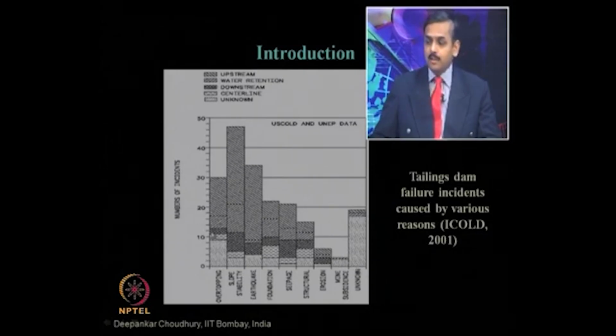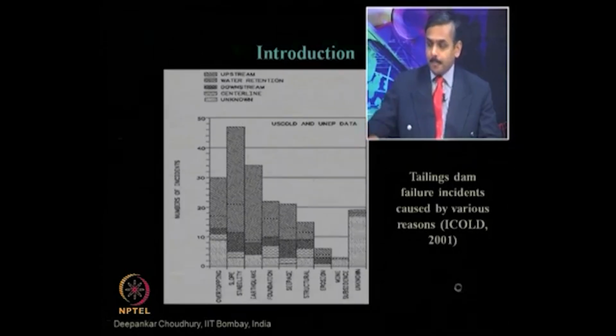Among these you can see the highest is slope stability failure for dams, and the second highest is the earthquake as per this publication.